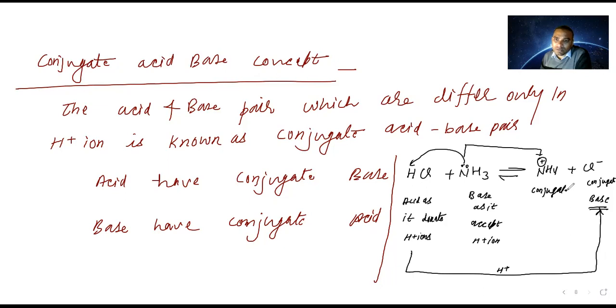That is what the concept is saying: acid has a conjugate base and base has a conjugate acid. Will you be able to understand this? Please make a note of it.